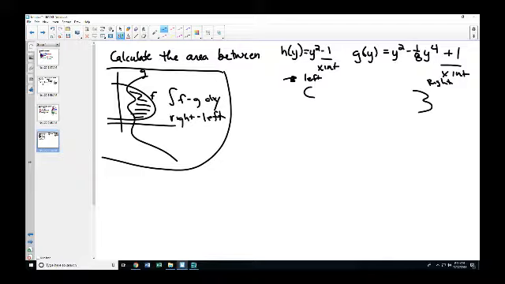Okay, we need the intersection points because they ask for the region bounded by those curves, right? Fortunately, I think it's pretty straightforward. The y squareds cancel. Yay!